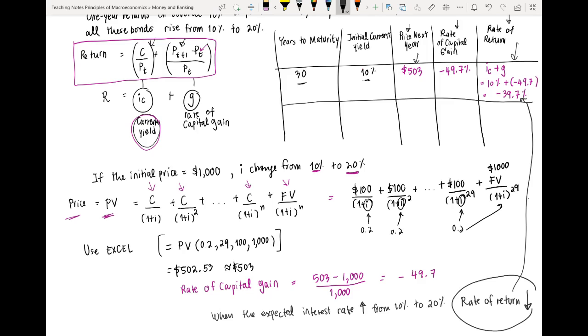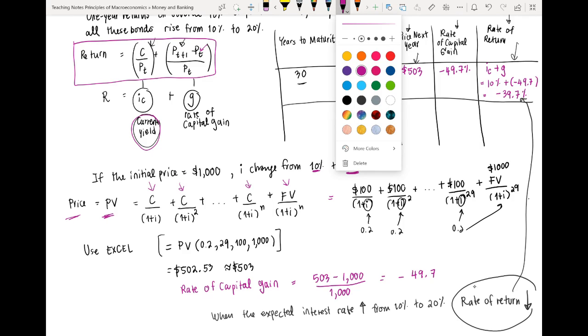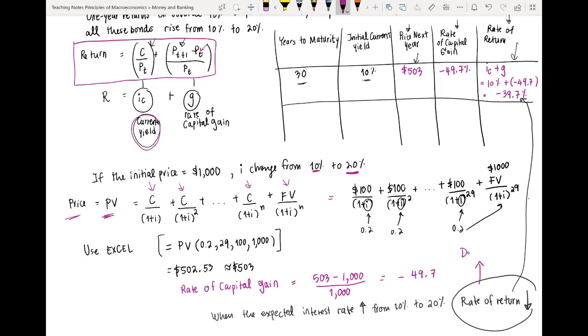When the rate of return drop like this, that means the demand for bond will also drop. Expected interest rate increase, demand for 30-year bond drop. And that is why you see the shift in the bond demand to the left.